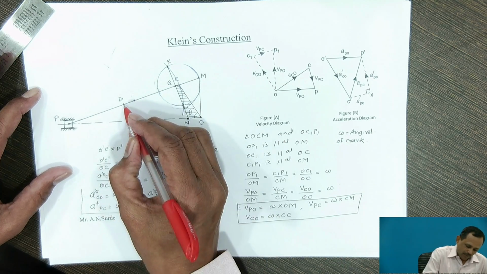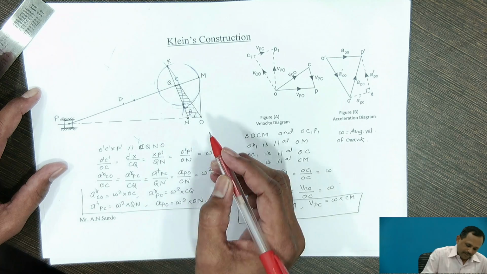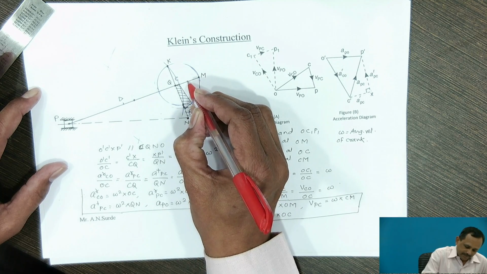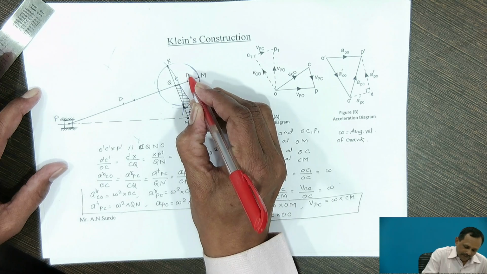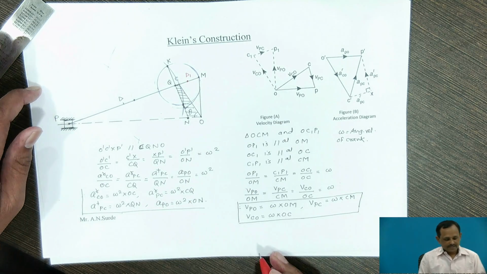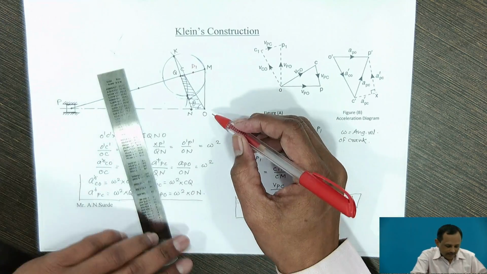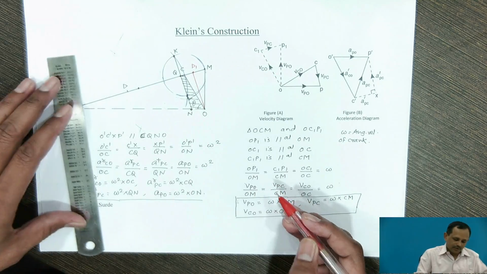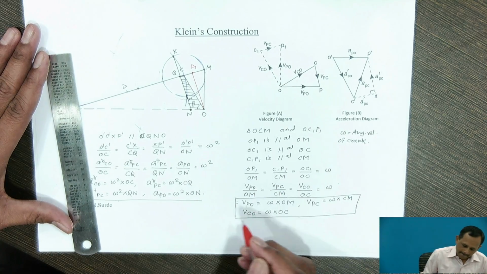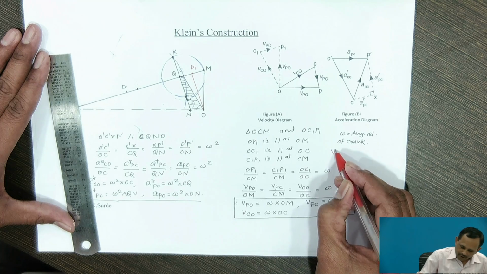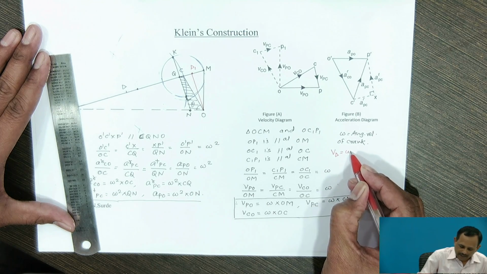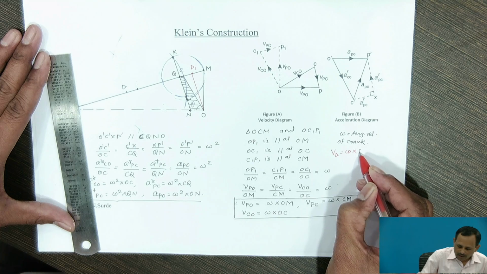Therefore, as point D is the midpoint of PC, D1 will be the midpoint of CM. Locate point D1 on CM and join OD1. Therefore, velocity of D is equal to omega into length OD1.